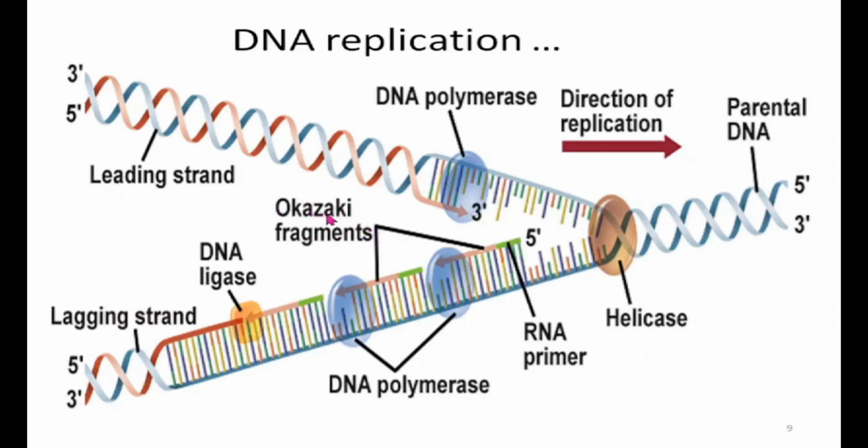This is the name of the scientist who found these fragments. We call this broken or fragmentary strand the lagging strand, and this unbroken or continuous strand the leading strand.